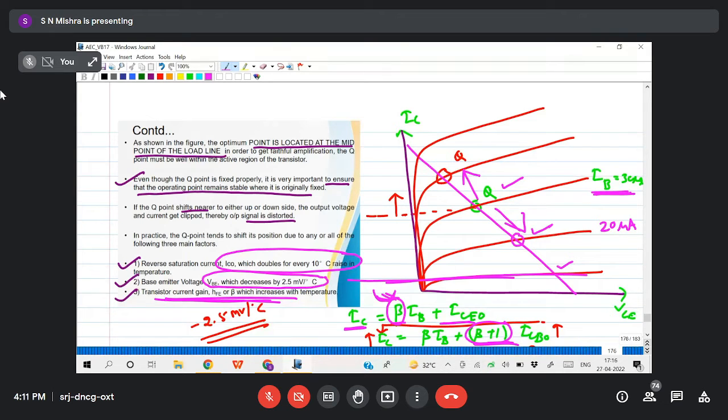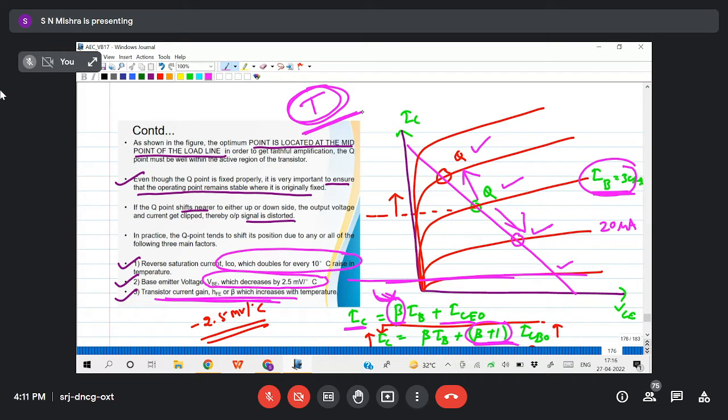So three things we have seen: one is leakage current, one is base emitter junction voltage, and beta. These three parameters will change if temperature changes. So no doubt I have fixed my Q point here at the center, but if temperature changes, that may change my Q point up or down.